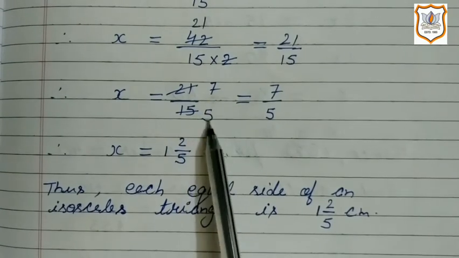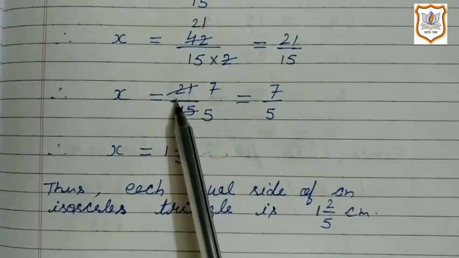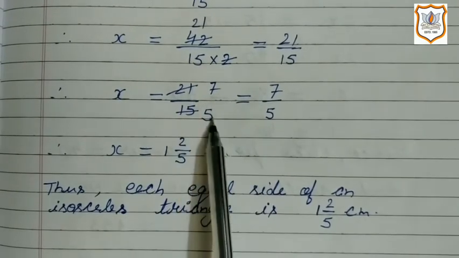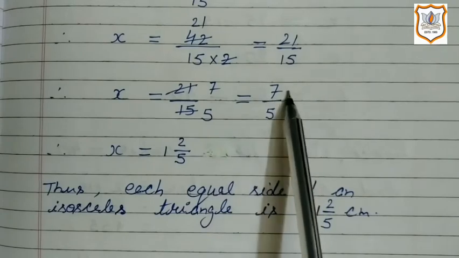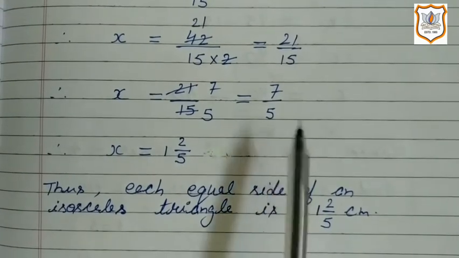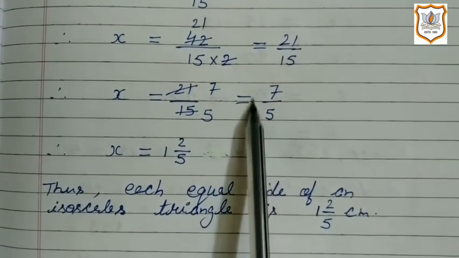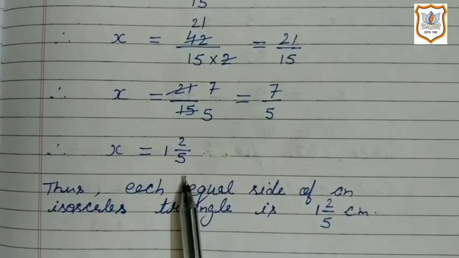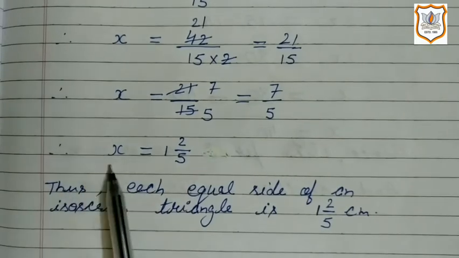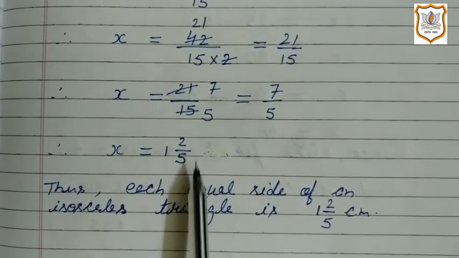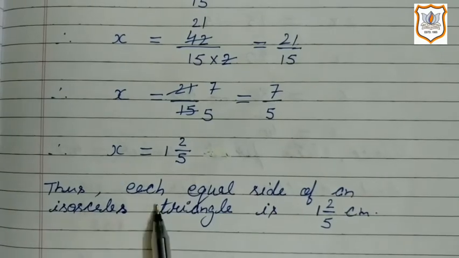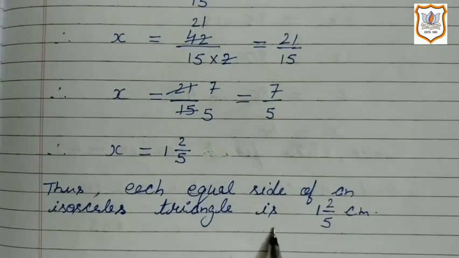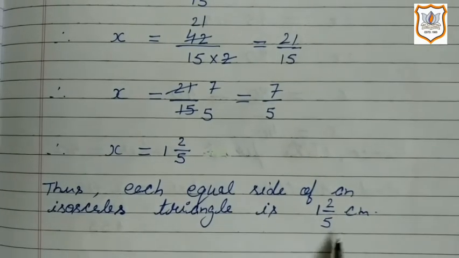We divide this fraction by 3. Here we cut 21 by 3 and 15 by 3. We get 7 upon 5. Now 7 upon 5 is an improper fraction, so we change it into a mixed fraction. So we get x is equal to 1 2 upon 5. Thus each equal side of the isosceles triangle is 1 2 upon 5 centimeter.